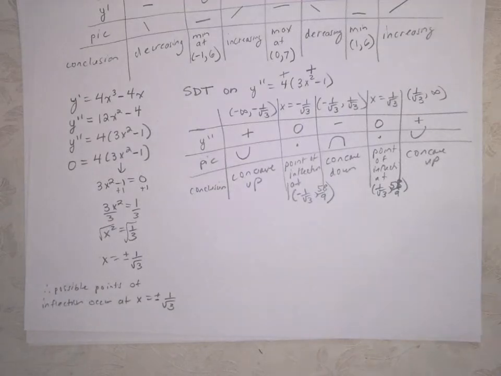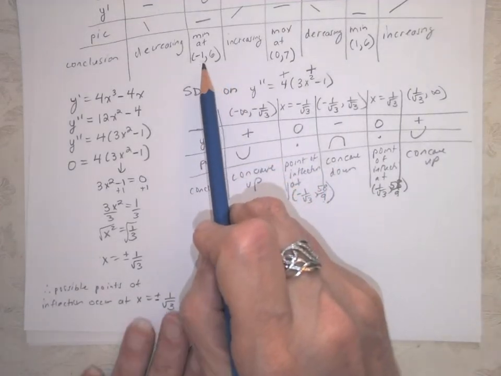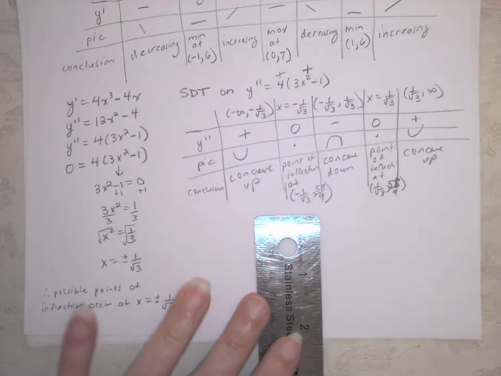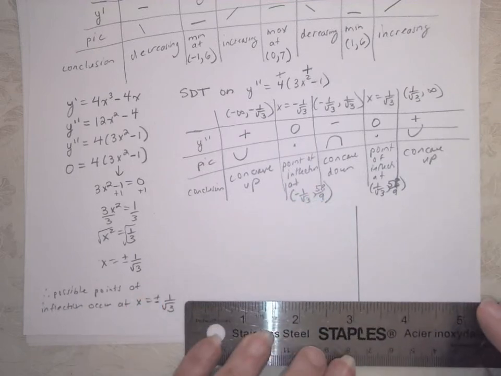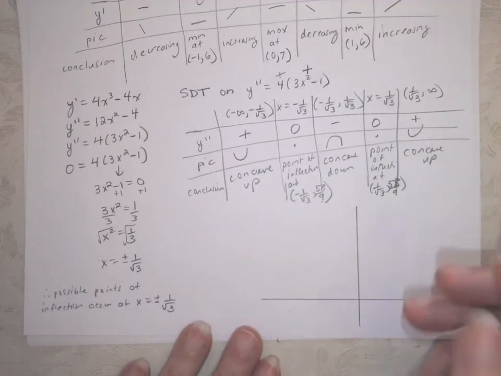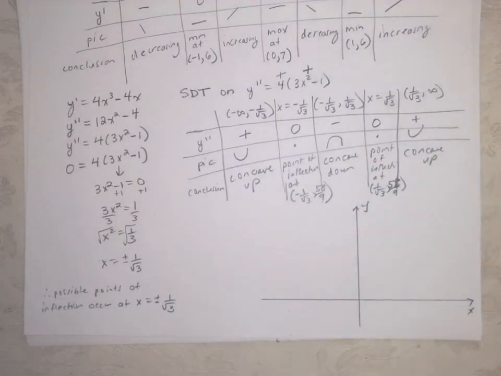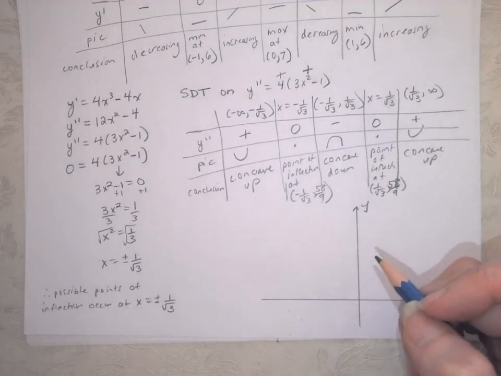I'm going to squeeze in a small sketch here. So I see that these are above 0 and up here above 0. So I'm going to make my little sketch here. Remember, it's just a sketch, as long as we can label all our points. All right, so -1 and 6, I've got a minimum.